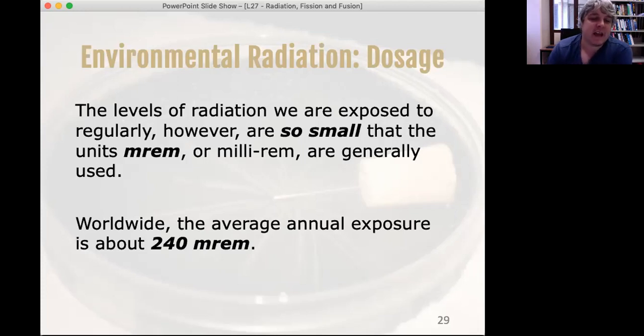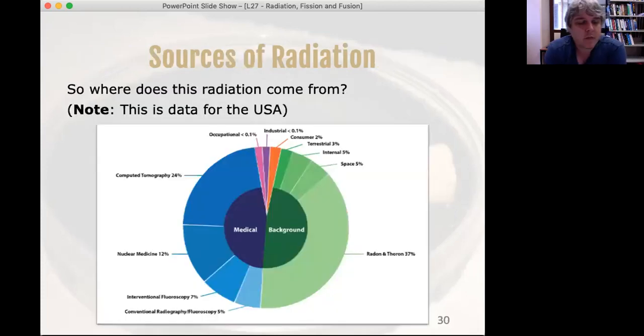And our average annual exposure is a quarter of a rem, so really not a lot to worry about in your day-to-day life. This graph is from USA data, which is going to be different from what we experience in New Zealand or Australia or other countries. So do take this with just a grain of salt.